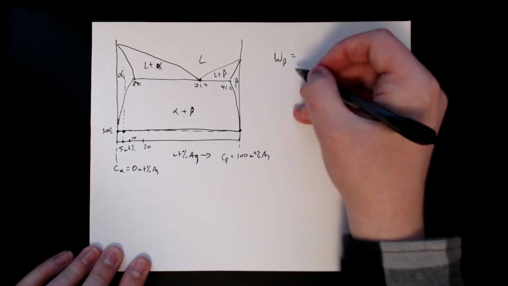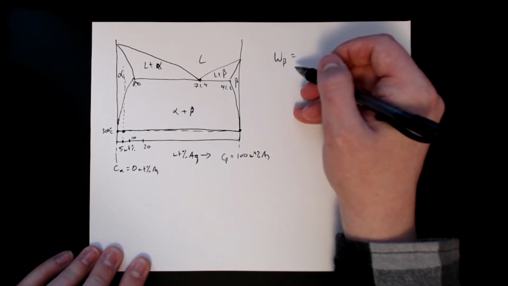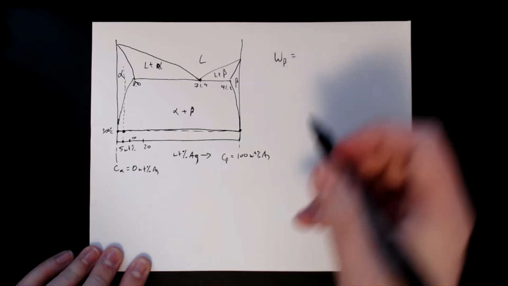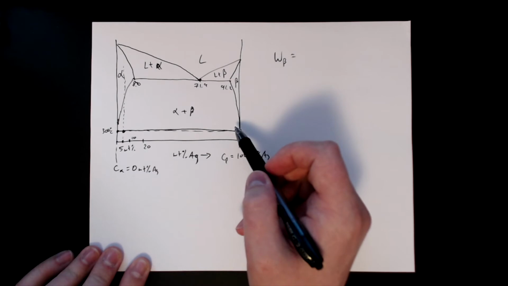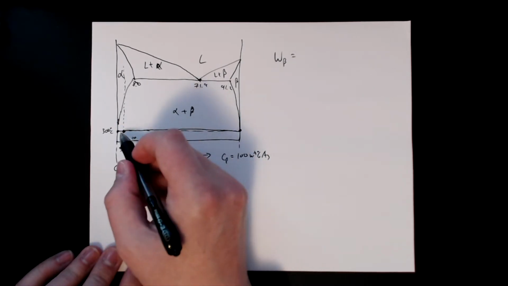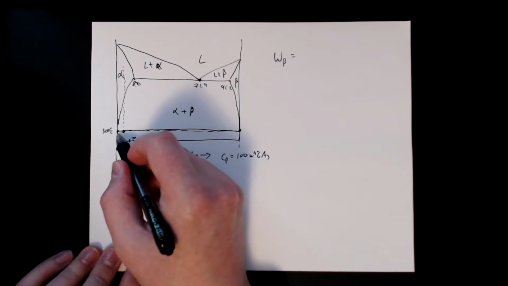So here, then, we can calculate the weight fraction by applying the lever rule. So for the lever rule, if we want beta, which is the phase over here, we're going to take the opposite length of the alloy composition, which is this length.